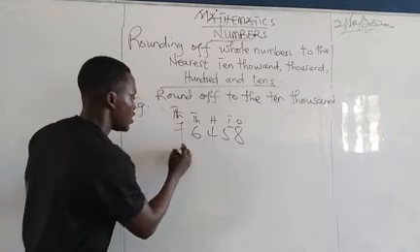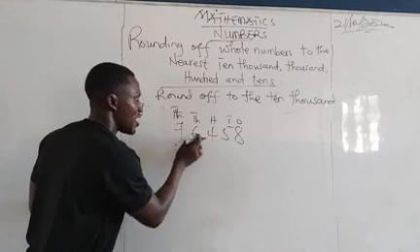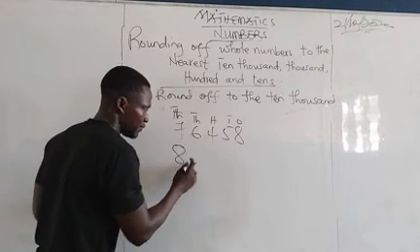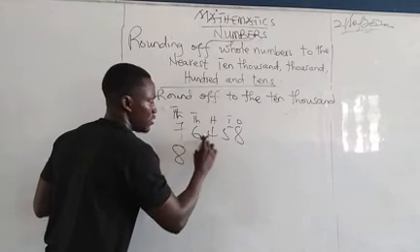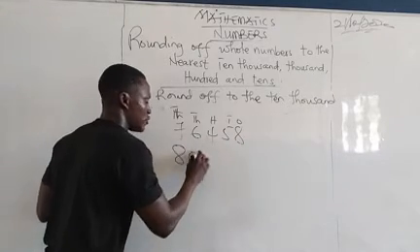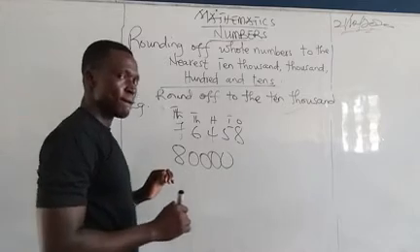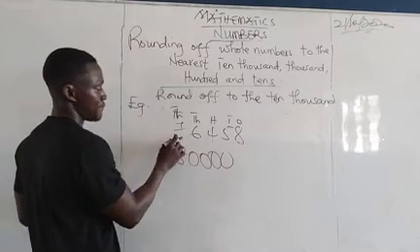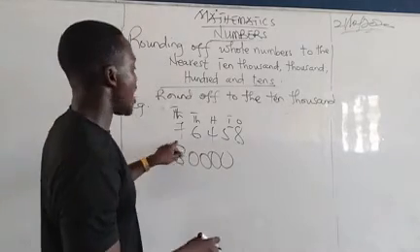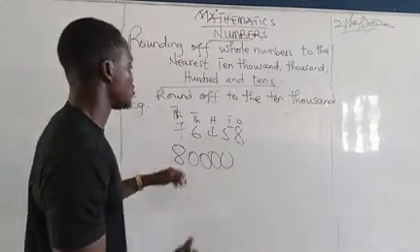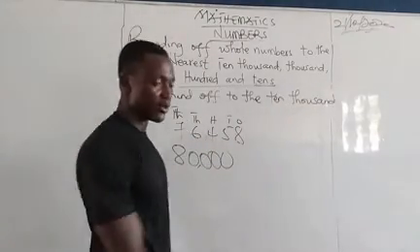Very simple. When you add 1 to the 7, you get 8. How many digits are left? 1, 2, 3, 4. So rounding 7, 6, 4, 5, 8 to the nearest 10,000, we get 80,000.